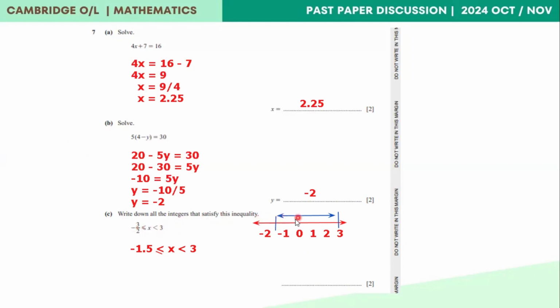So it would be this side. We have -1, 0, 1 and 2. We cannot consider 3 because it's less than 3, not less than or equal. So our integers are going to be -1, 0, 1, 2. That's our answer. Let's move on to the next question.